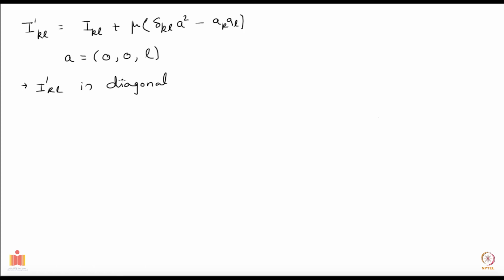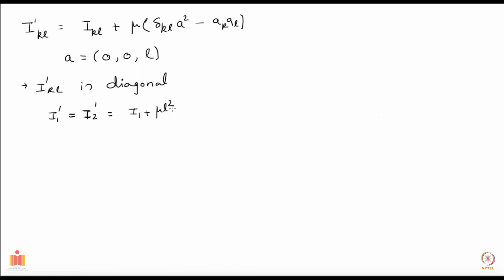That's one point. And then you would want to know what the diagonal entries are, and I will give you that as an exercise to check. It's fairly trivial. Show that I1 prime, I2 prime, these are the principal moments of this body, they don't become different, and their value is I1 plus mu L square.